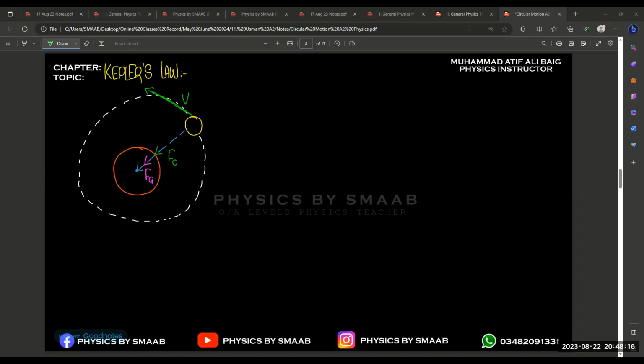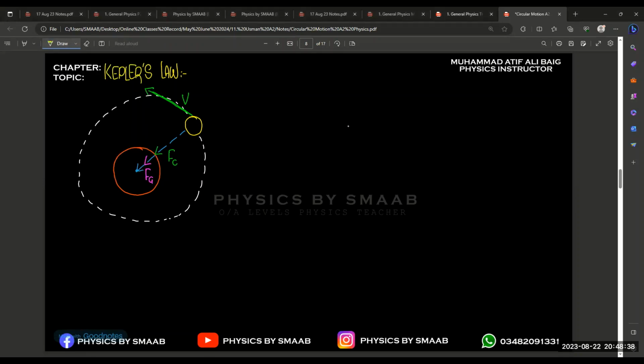So in Kepler's law, we were talking about the object moving tangent to the circle always, just like the centripetal force. We know that both the gravitational force and the centripetal force are perpendicular to the direction of travel of the planet, right?